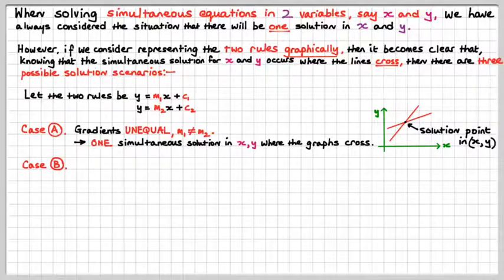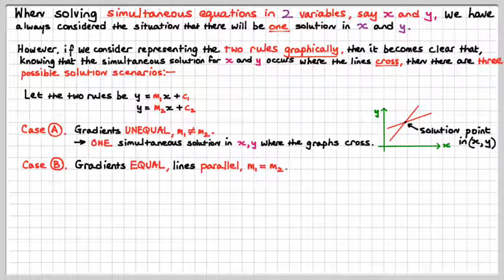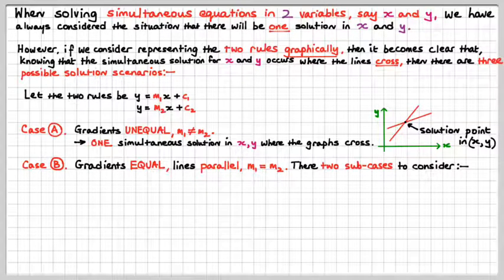Now, case B, this is the gripping one here. If the gradients are equal, then the lines are parallel. That means m1 equals m2. Now, there are two subcases of these parallel lines for us to consider. First of all, I'll call B1.